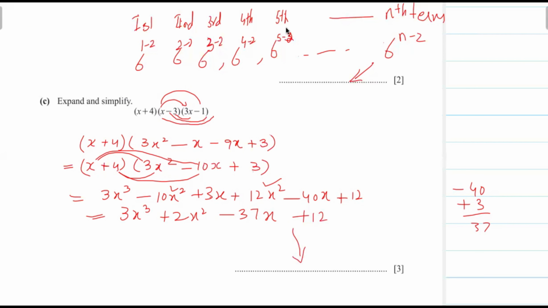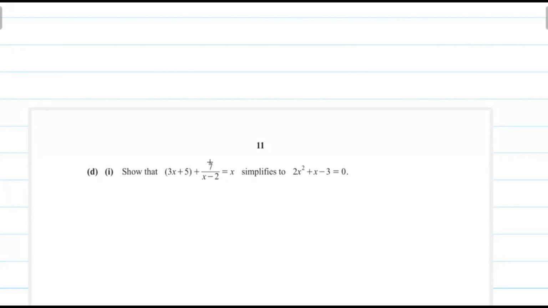This is the answer. Show that 3x plus 5 plus 7 over x minus 2 equals x, simplify to 2x squared plus x minus 3. We have to show that when we simplify this equation, we get the equation in this form. Therefore, firstly, we simplify this.